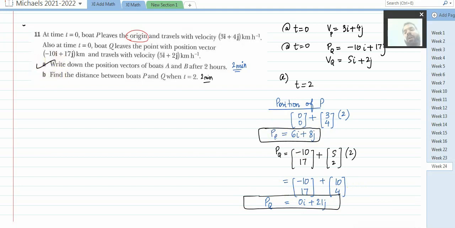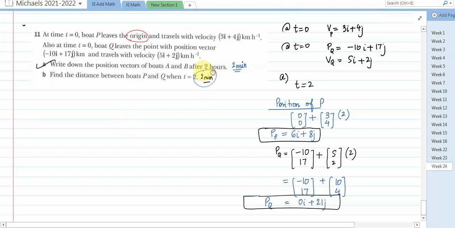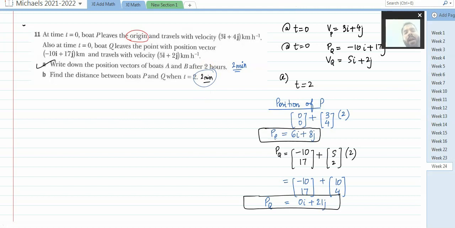For the next one, part B, it says find the distance between boats P and Q when t equals 2. So you have 2 minutes to give it a try by yourself, and then I will tell you the answer. So start. At first, I will find the expression.